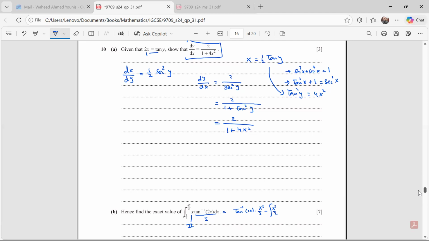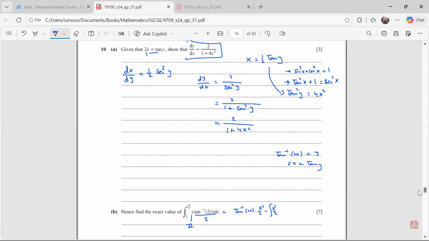That tangent inverse 2x, if I call it y, for example, so 2x is equal to tangent of y.